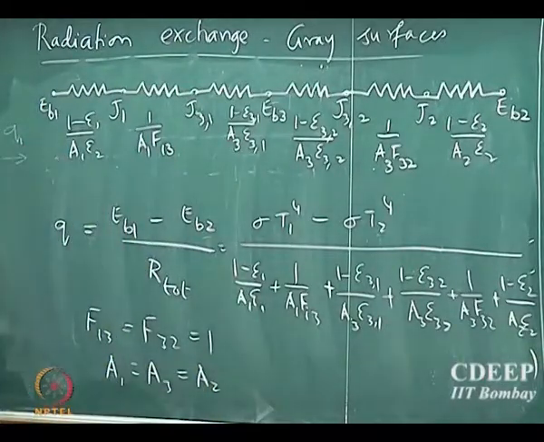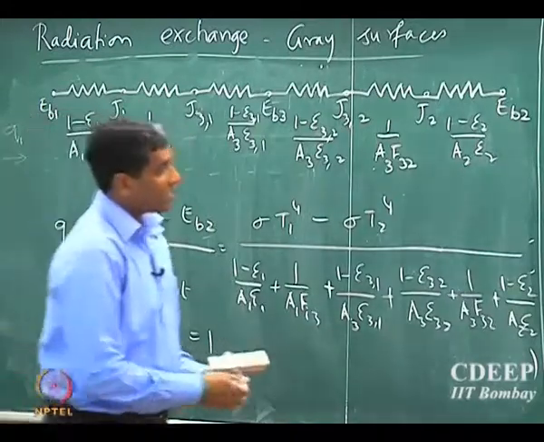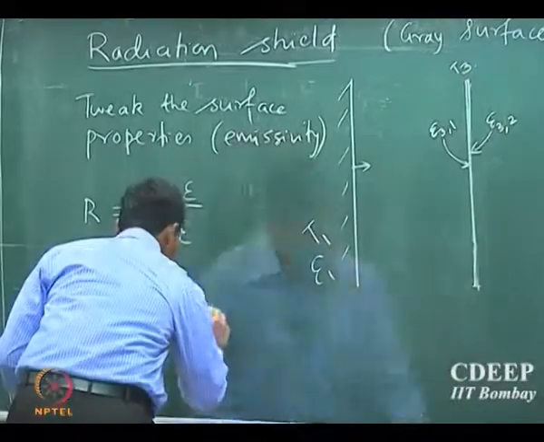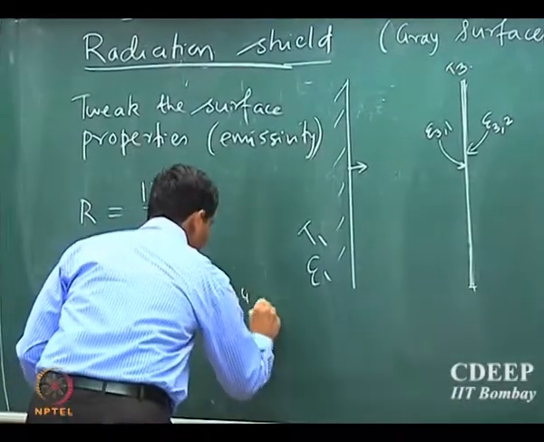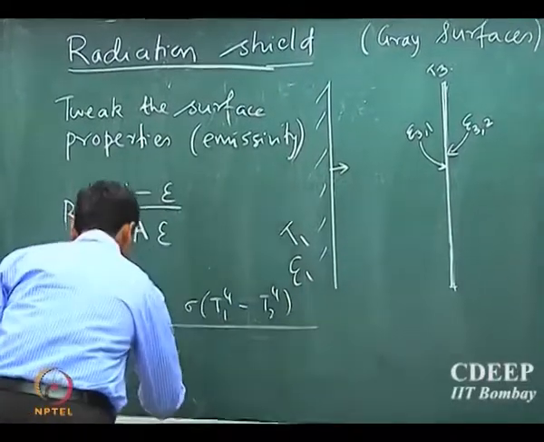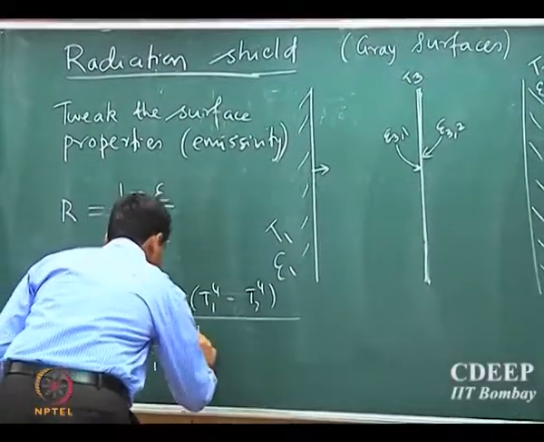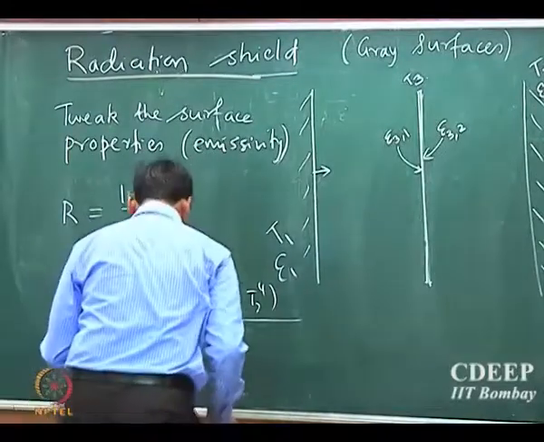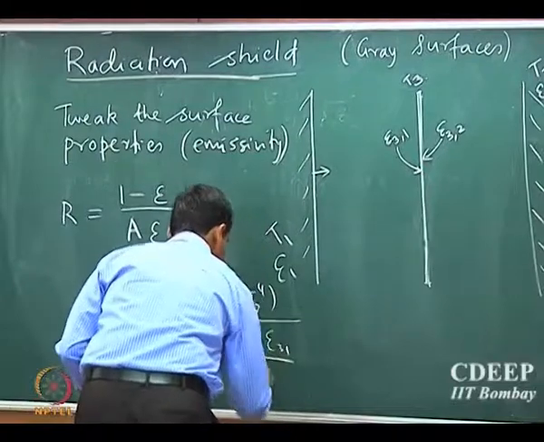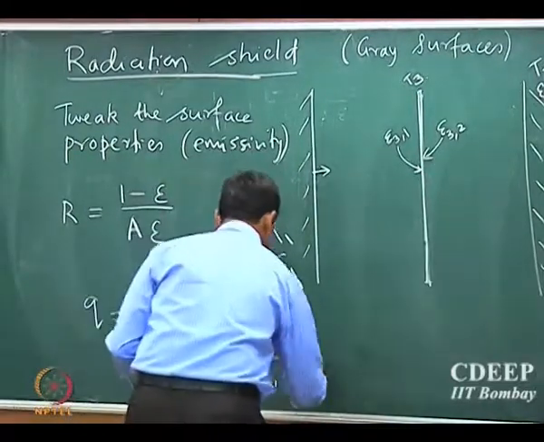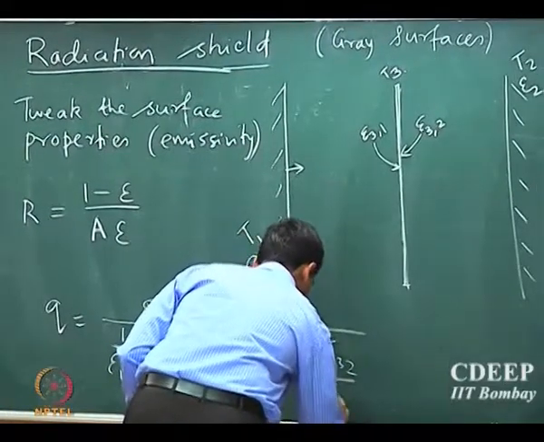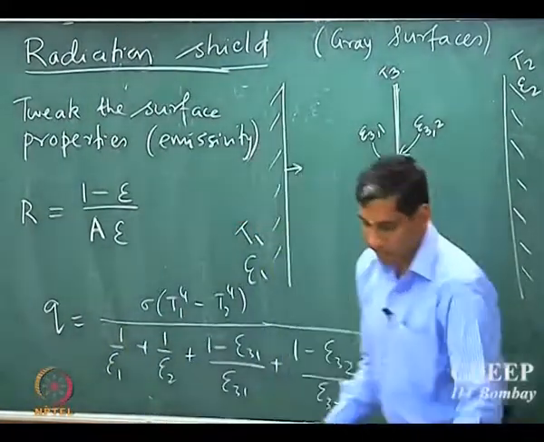So, if you plug in all these factors, you will find that the net radiation exchange Q is given by sigma (T1 to the power of 4 minus T2 to the power of 4) divided by 1 by epsilon 1 plus (1 minus epsilon 31) by epsilon 31 plus (1 minus epsilon 32) by epsilon 32, and so on. Okay.